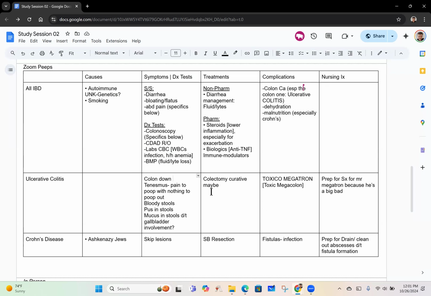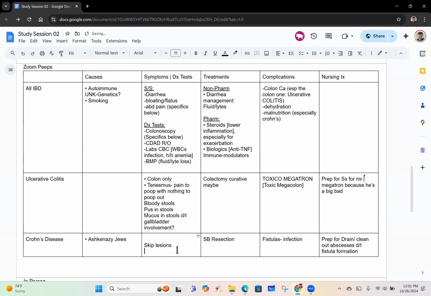And then what about symptoms? Let's go colon down. Colon only, right? We only got the colon involved with ulcerative colitis. That makes sense. So it's only the colon, not the ileum, which is what Crohn's disease had, right?